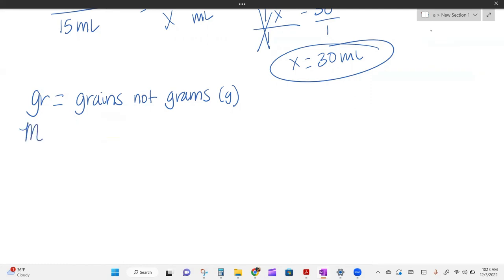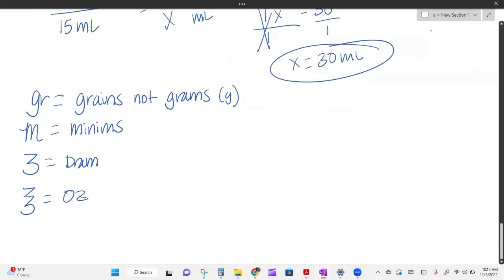Then we have an M for minims. We have the symbol for dram. We have the symbol for ounce, which is like the dram symbol with kind of a Z on top. And if it's fluid, you would just put an FL in front of it.